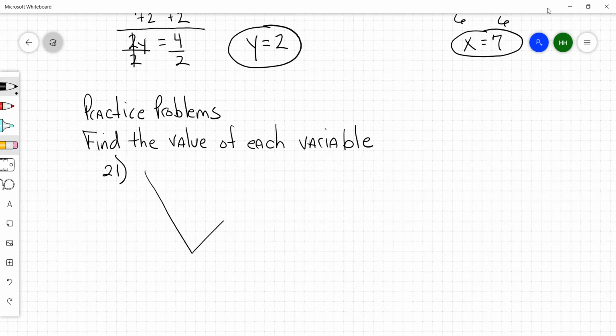And here's your triangle. And then I'm going to call this second problem, problem 22.